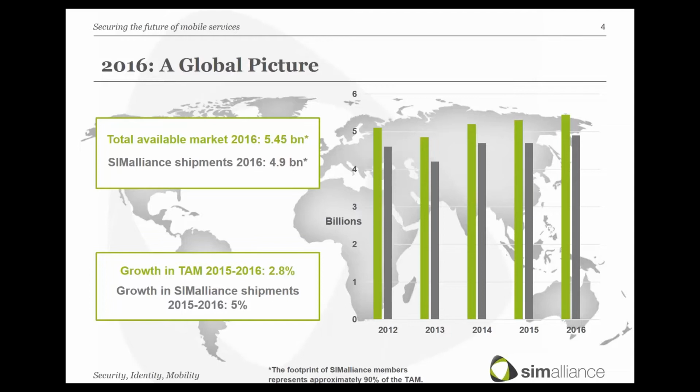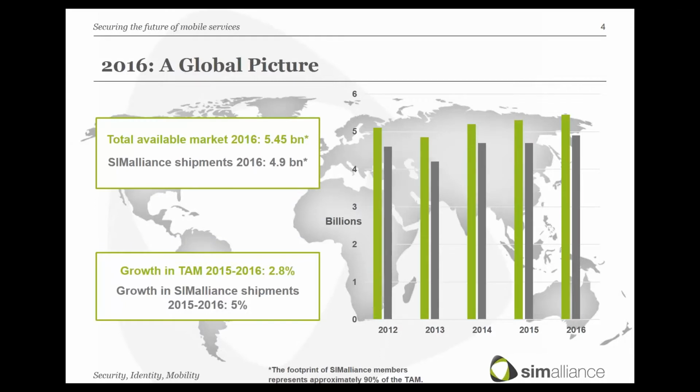Just giving you some indication on the reason why you see here a certain increase in favor of the SimAlliance members. I'm talking about this 5% compared to the 2.8%. That comes mainly from what we observe with increasing complexity or the move to Java Card worlds, for example, the move to higher complexity products.